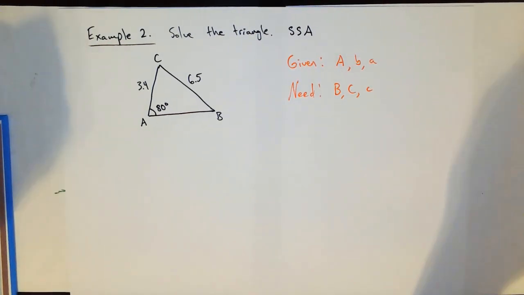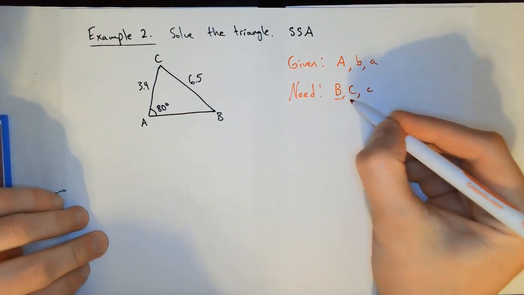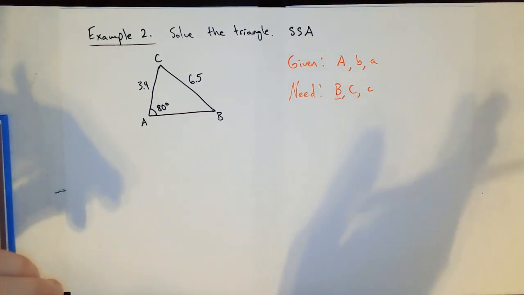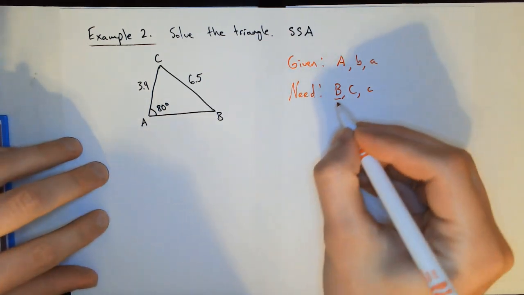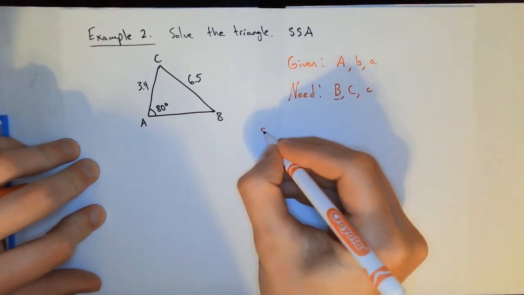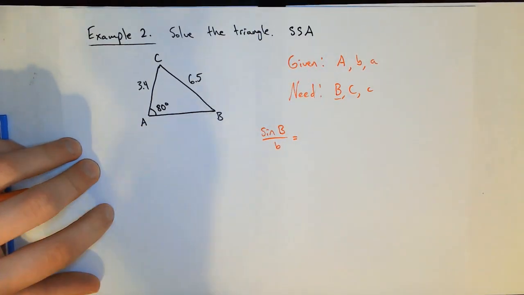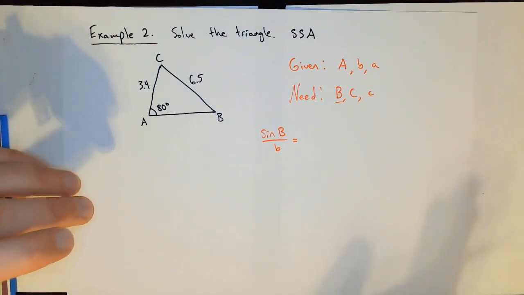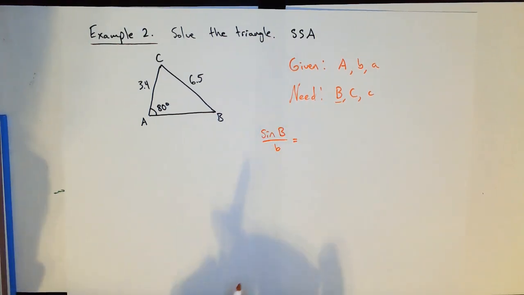Your strategy here should be to just pick one thing and go for that and make it the only unknown in your equation. So if I'm going for angle B, I definitely know I'm going to have this side of the equation. Now, what would I want to choose so that my only unknown is this capital B?